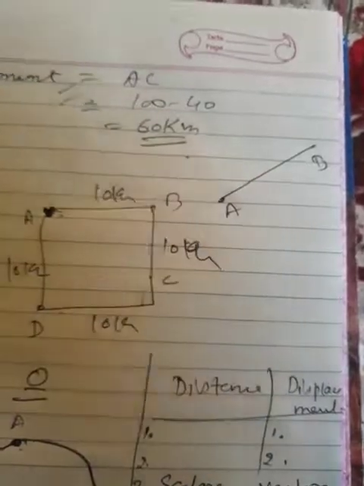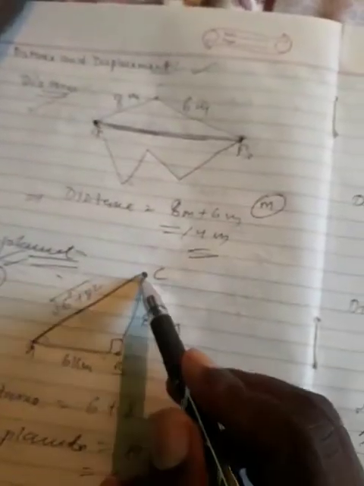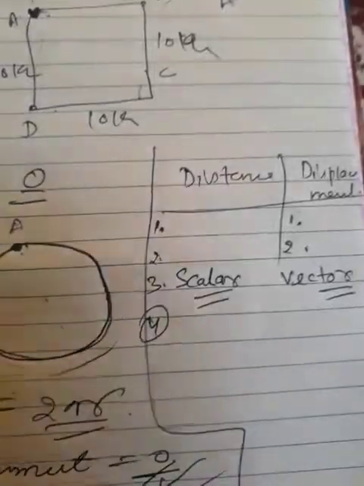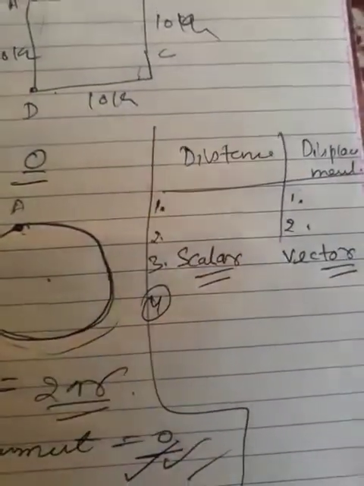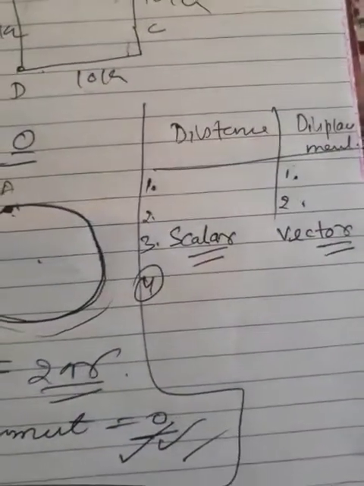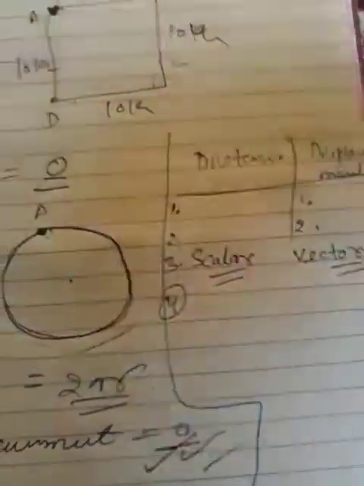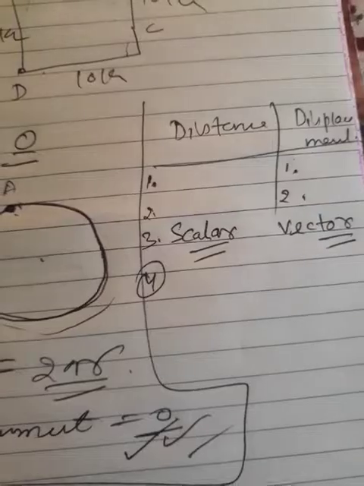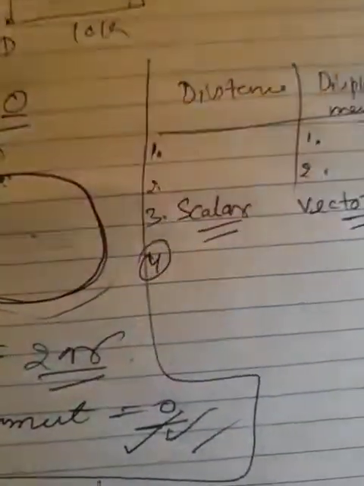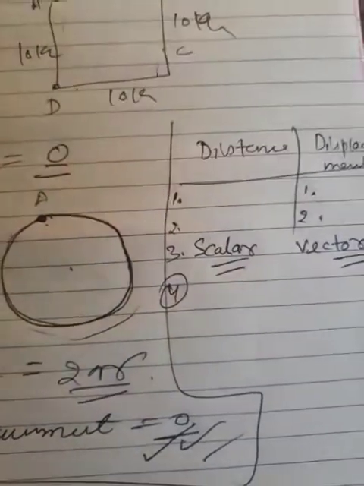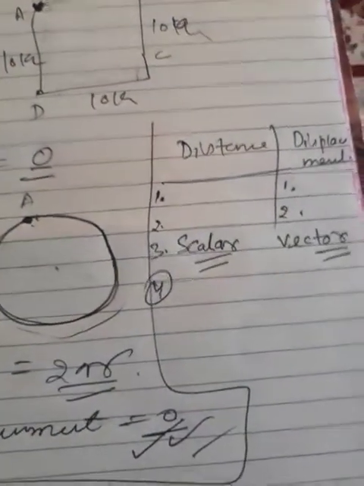But when an object moves in another way, A to B, B to C, or on a circular path, in this case distance is always greater than the displacement. The distance can be equal to or greater than the displacement, but displacement can never be greater than the distance. So these are the basic differences between distance and displacement.